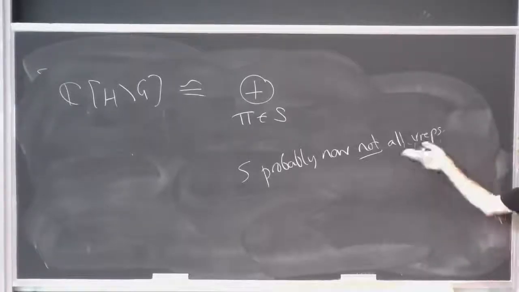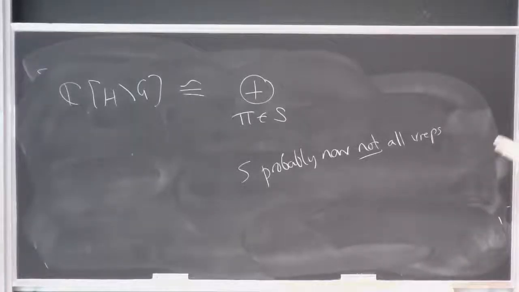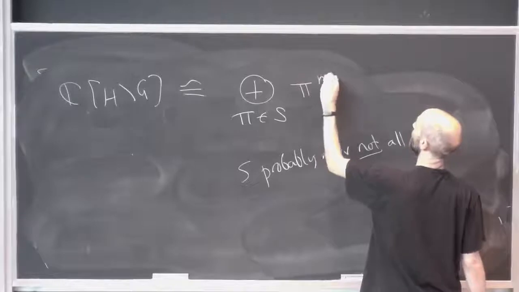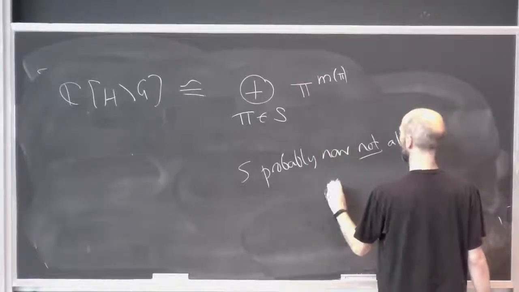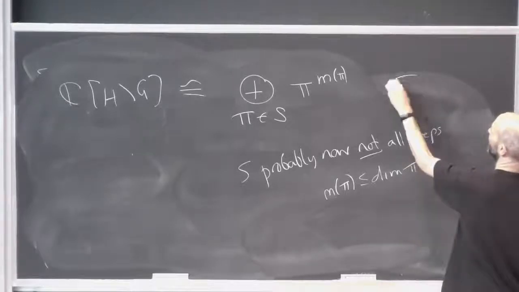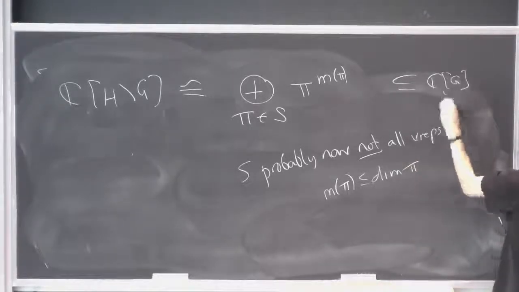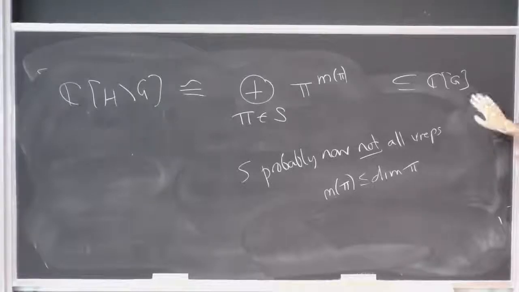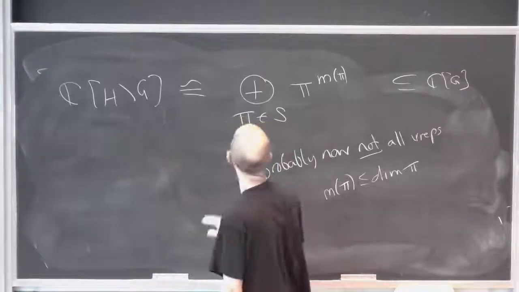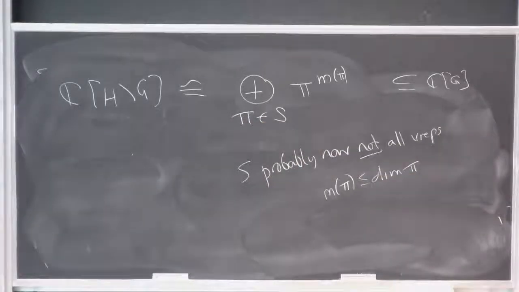It's the irreducible representations that have some magic property with respect to H in some way. And then I get pi to some number, m of pi, and m of pi will be less than or equal to dim pi. And I know that because this just lives in C of G. So instead of looking at all functions on G, I can look at all functions on G that are well behaved with respect to some random subgroup H that I've just come up with, and it's a way of cutting down my representations. Okay?